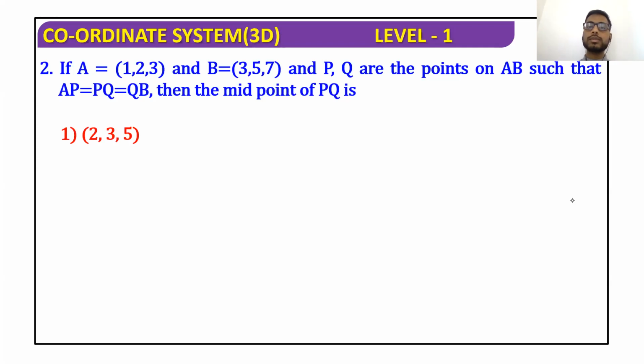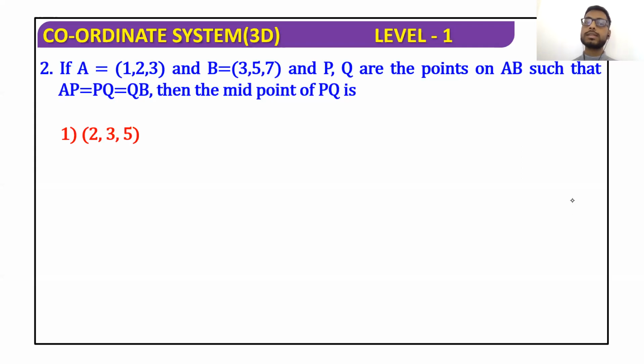Okay, so how should we approach this question? I have to find the midpoint of PQ. So obviously I can use my midpoint formula. If I have the coordinates of P and the coordinates of Q, I can simply apply my midpoint formula, which is x1 plus x2 upon 2, and get the coordinates. So to find the midpoint of PQ, I need my endpoints P and Q. Can I get my endpoints P and Q from this particular question?